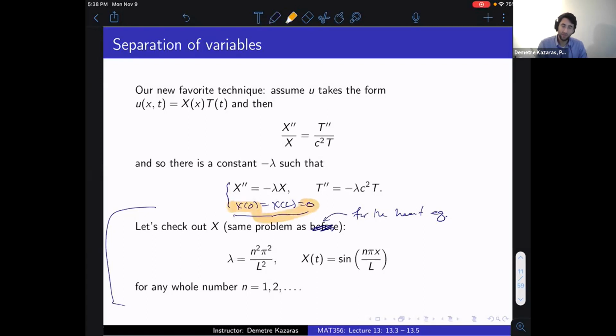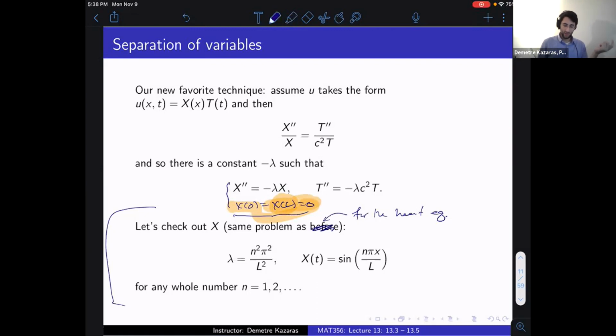The fact that x at 0 has to be 0 tells you there's no cosine part, so x has to just be a sine function, because cosine of 0 is always non-zero. And then the fact that when you plug in L to the function, you get 0 tells you that lambda can't be any number.